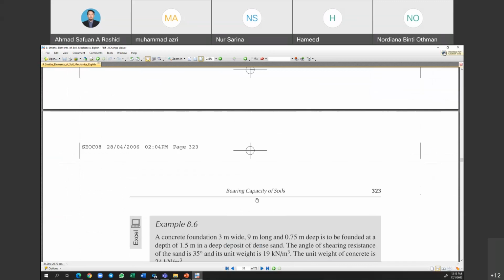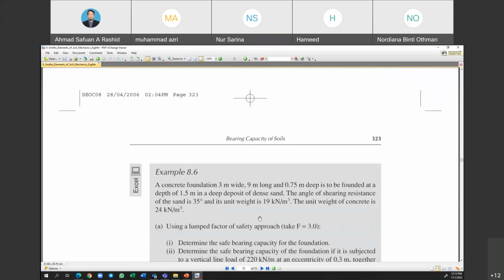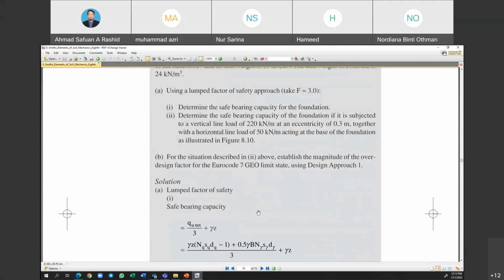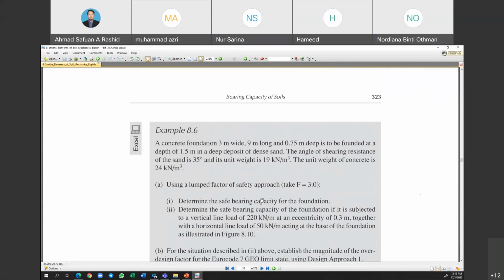So that is for the first example. We have another example here. A concrete foundation 3 meter wide, 9 meter long, and 0.75 meter deep is to be founded at a depth of 1.5 meter in a deep deposit of dense sand.